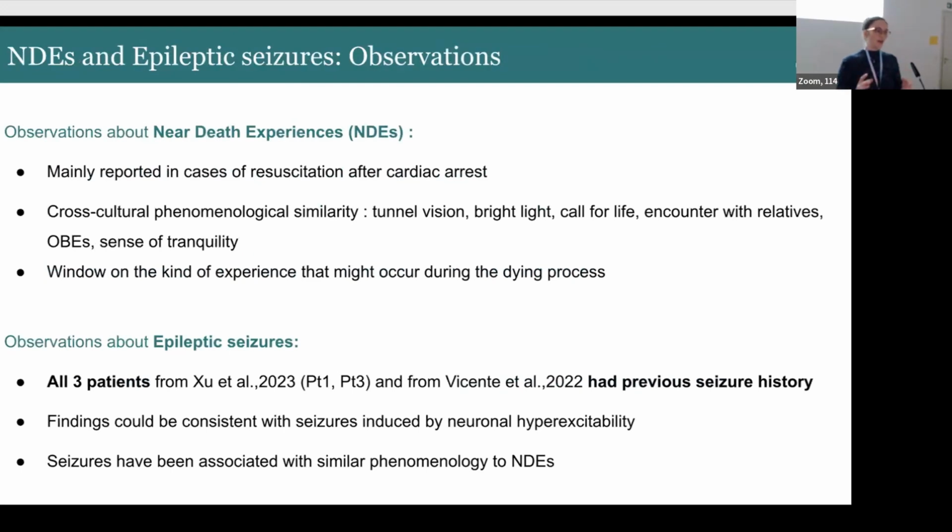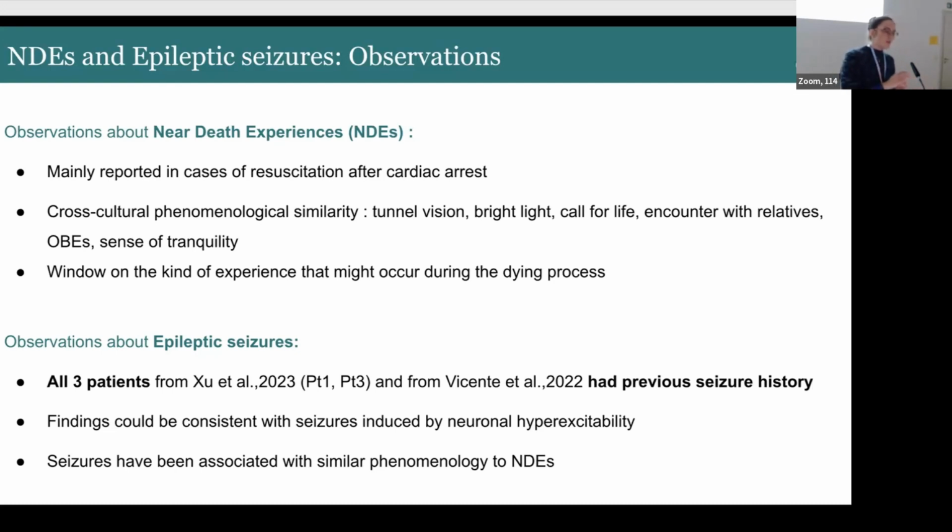Possibly the only route to speculation about the phenomenology around the dying process is through reports of near-death experiences. This is a really fascinating area of study in itself, and it has gained increasing popularity. Most commonly, these reports follow resuscitation after cardiac arrest. The findings are mixed, but roughly 10% of people who are resuscitated from cardiac arrest have these kinds of reports of NDEs.